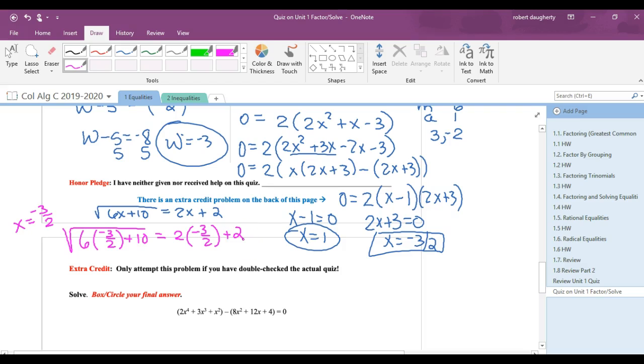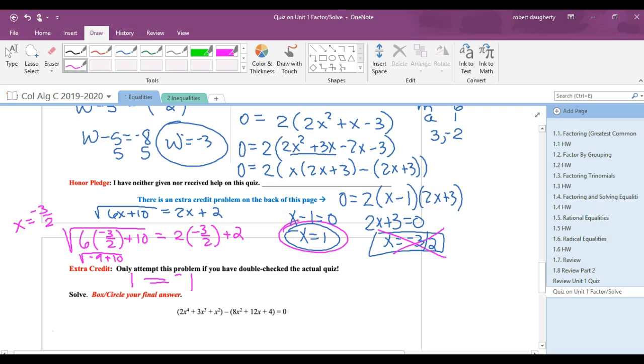So 6 divided by 2 is 3, so this is negative 9 plus 10, the square root of 1, which is 1. Over here, 2 divided by 2 cancels, so this is negative 3 plus 2, which is negative 1. That is not a true statement, so this is not a solution.